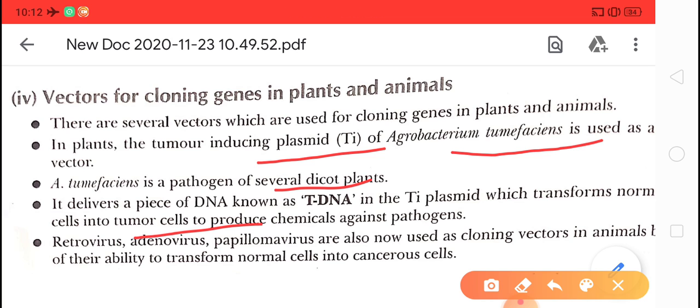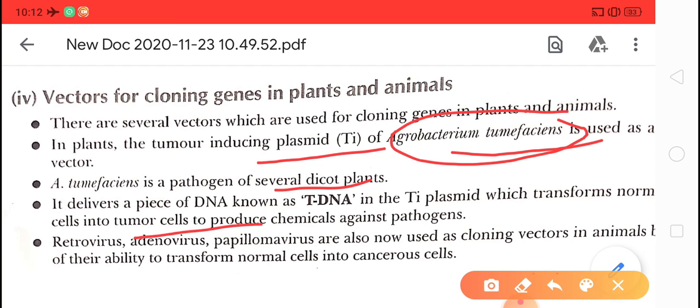So if we manipulate, if we alter the DNA of Agrobacterium tumefaciens and we add the desirable DNA in Agrobacterium tumefaciens, then it will lose the property of converting the normal cell into the tumor cell. Okay, फिर वो नहीं कर पाएगा. अगर हम उसका DNA चेंज करेंगे then they do not convert the normal cell into the tumor cell.